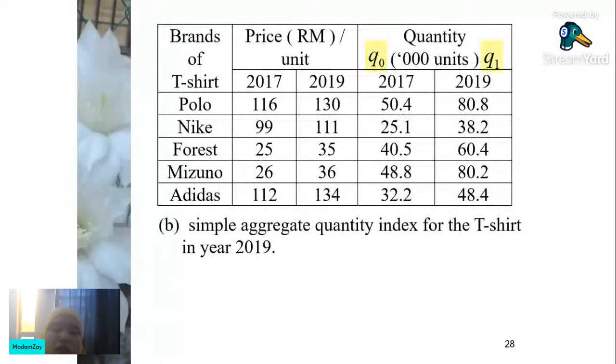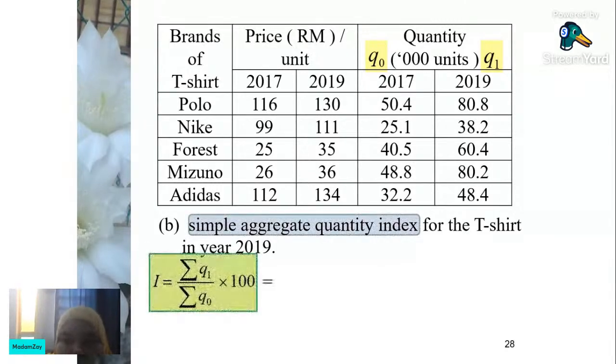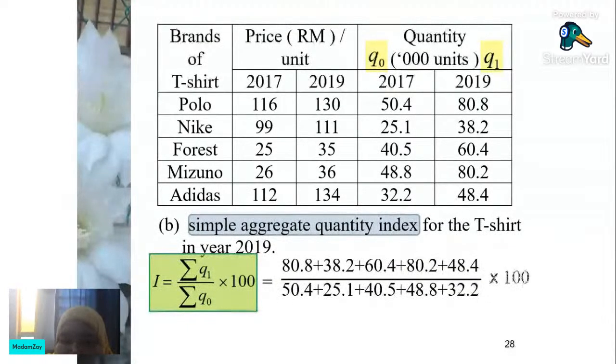Now for question B, they ask you to find the simple aggregate quantity index for the t-shirt in year 2019. So we have Q0 in 2017 and Q1 in 2019. The summation in 2019, I is 80.8 plus 38.2 plus 60.4 plus 80.2 plus 48.4.